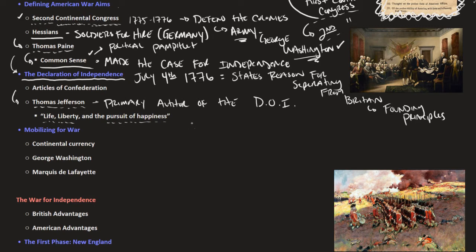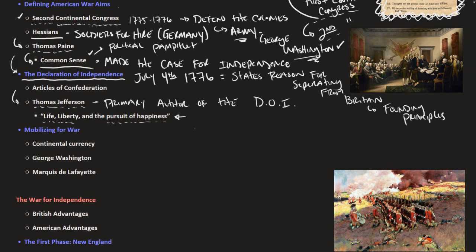And that very brief paragraph in the preamble is probably the most well-known part of the Declaration. But if you actually read the rest of it, which you'll have an opportunity to do as one of the primary sources for this section, it's pretty much just a complete laundry list of all the grievances that the colonies have against the British. The fact of quartering soldiers in our homes, raising taxes on us without representation, et cetera, et cetera, et cetera, et cetera.